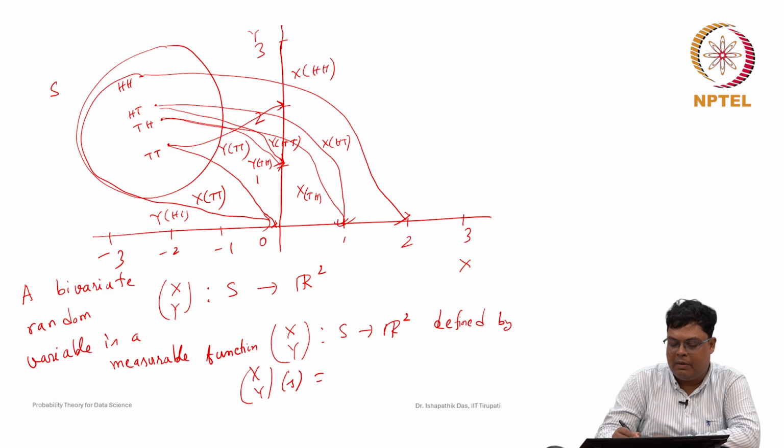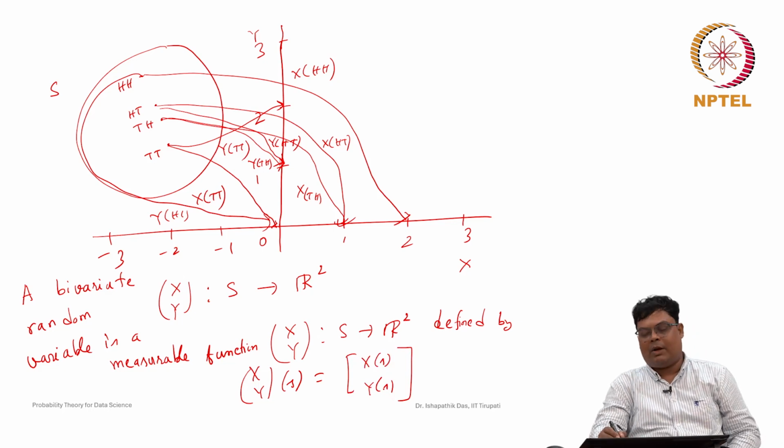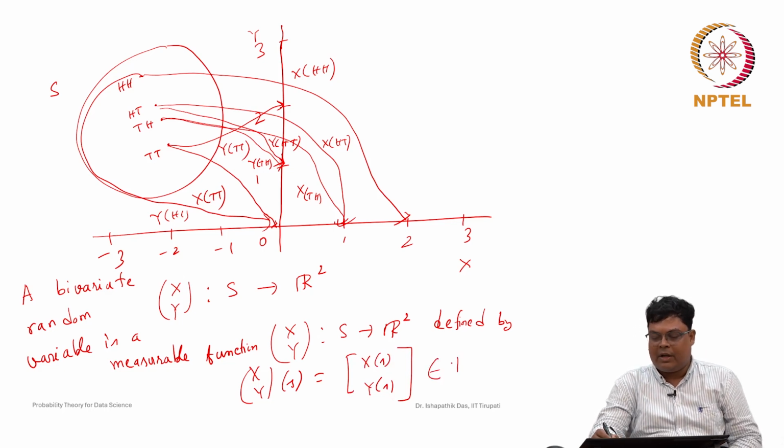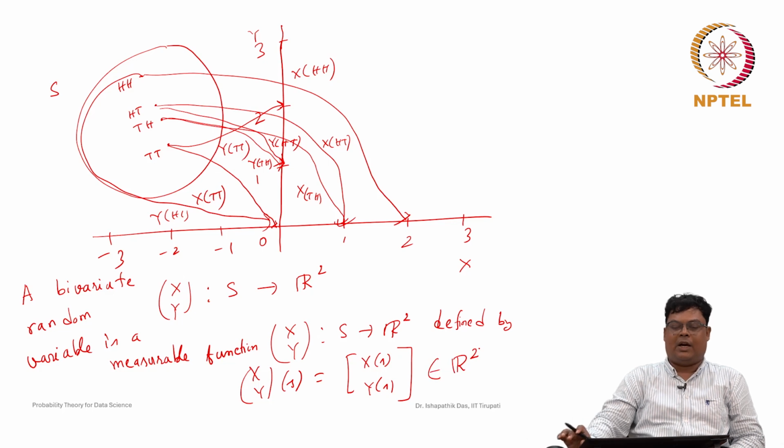So, it is a function from S to R2. Every s will map to R2, and what will be the value? It is (X(s), Y(s)), where X(s) is a real number and Y(s) is a real number. So, this is a vector in R2. This is called a bivariate random variable.